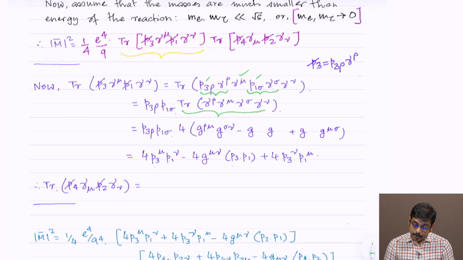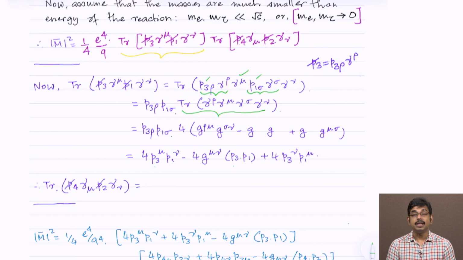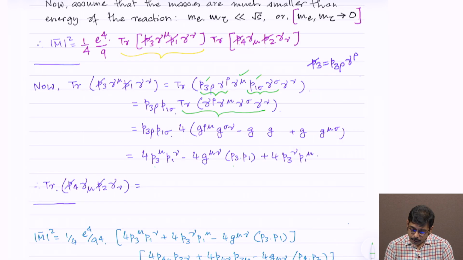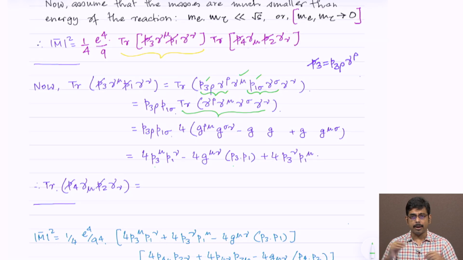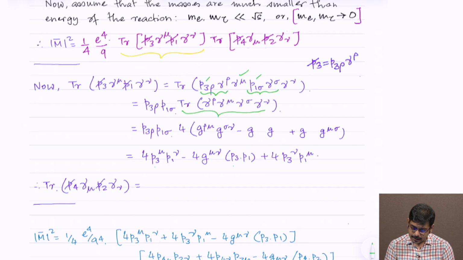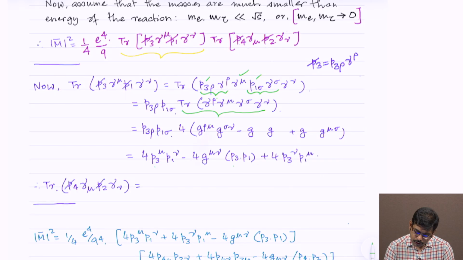Correct? Now remind yourself of the trace relation that we talked about in the last class: whenever this is a trace of 4 gamma matrices, it will have 3 different terms. The first term will be 4 g rho mu g sigma nu, right?